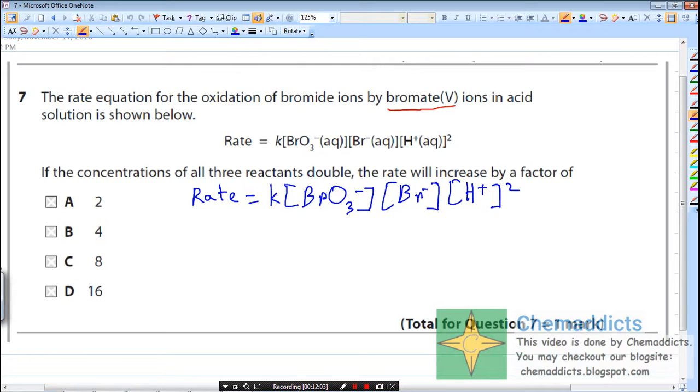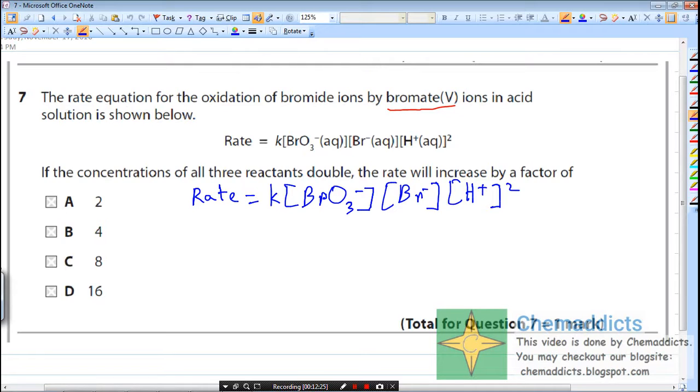Here the order of bromate is 1, the order of bromide is 1, and the order of H plus is 2, as we can see from the rate equation, where the appropriate powers represent the order of that particular reactant. So there are 3 reactants.